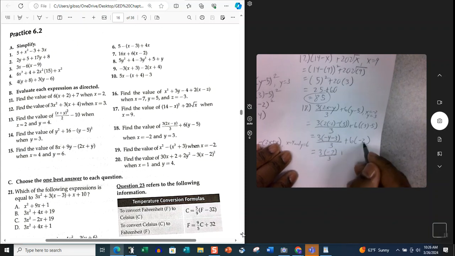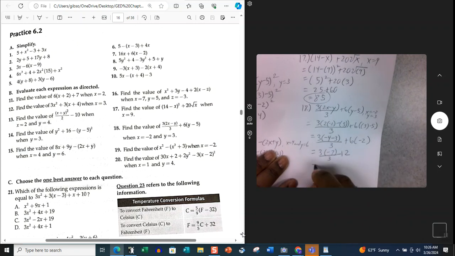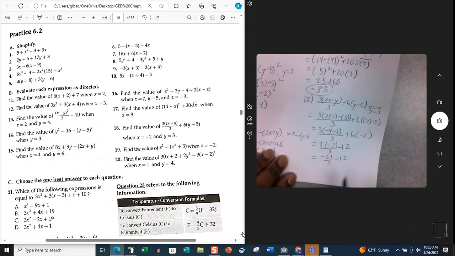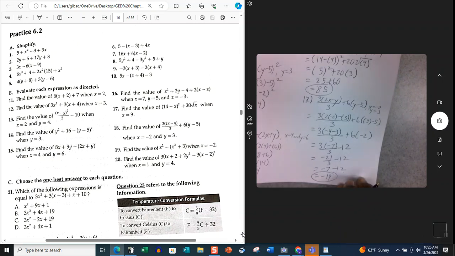And then 6 times a negative 2 will give us a minus 12. So 3 times negative 7 is negative 21 over 3 minus 12. Negative 21 divided by 3 is negative 7 minus 12. Negative 7 minus 12 is negative 19. So that took care of problem 18.